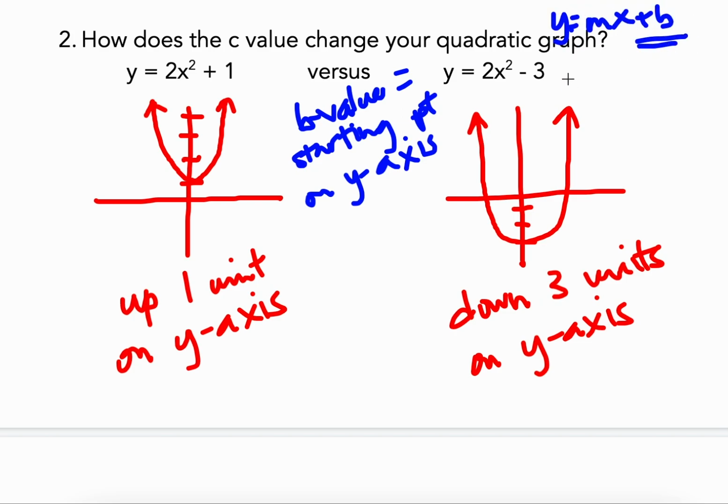So the c value is kind of like that b value in your linear equation, where it's showing you its position on the y-axis. So a lot of similarities between the quadratic equation and the linear equation. This c value is kind of like your b value in the linear equation. Interesting.